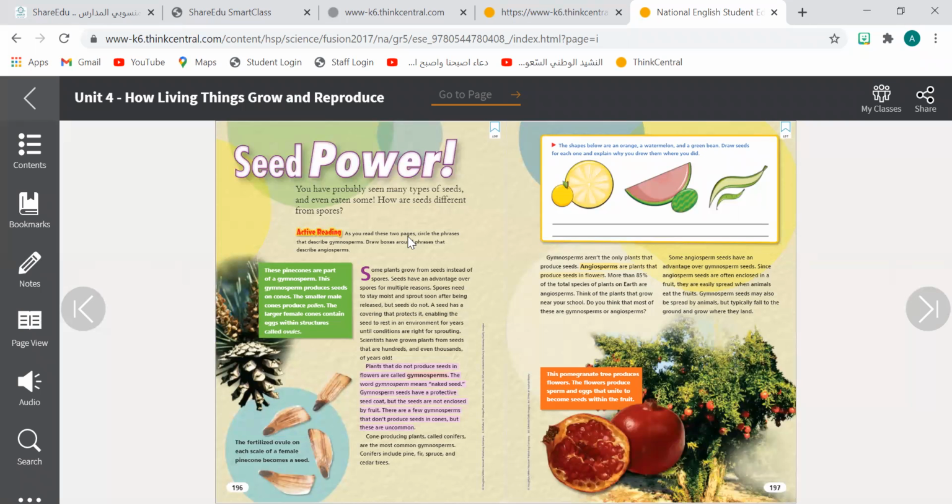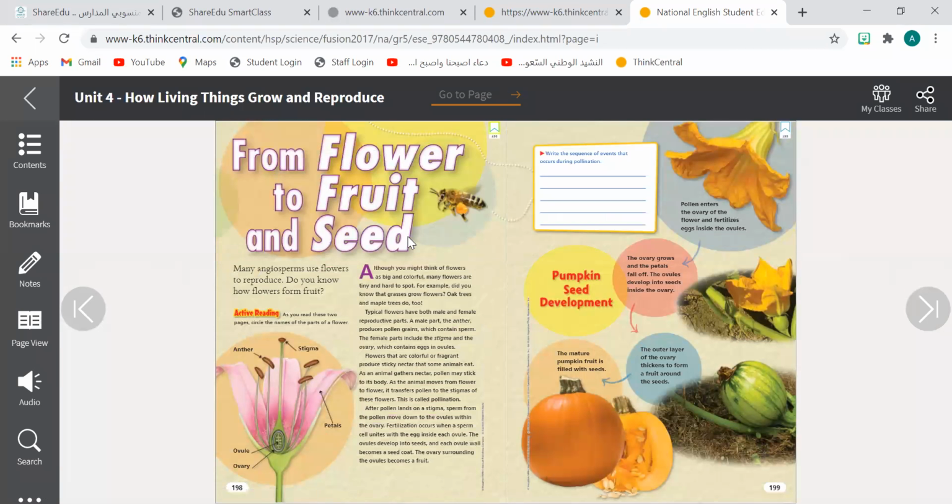Plants that produce seeds in flowers. Excellent. In flowers. Girls, do you understand? Yes. Should I move next? Yes. Are you sure? Okay, let's move.